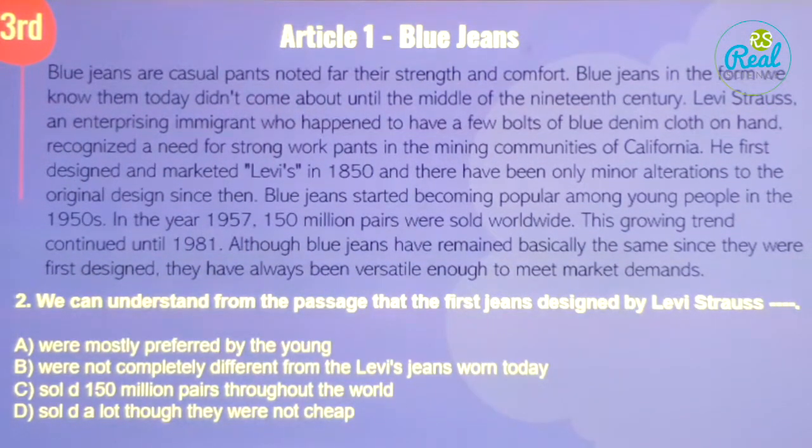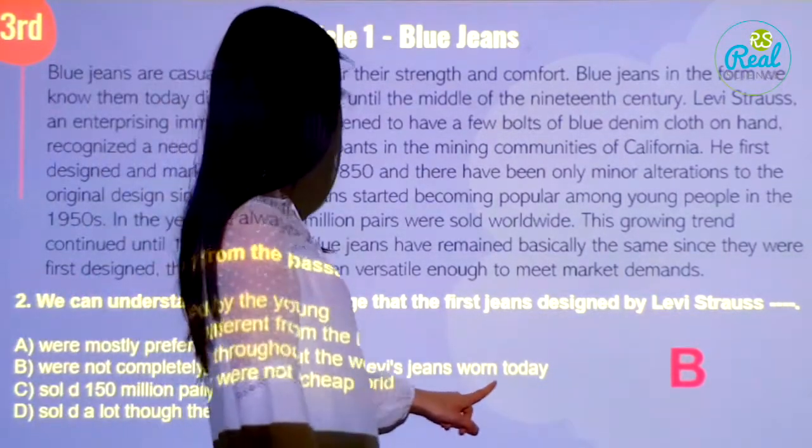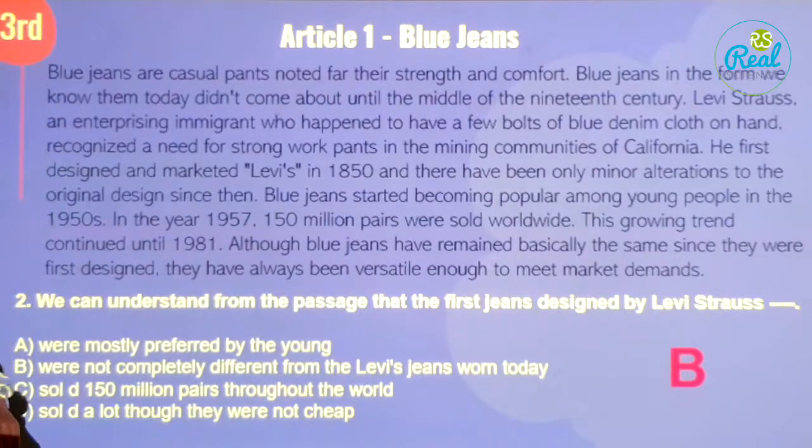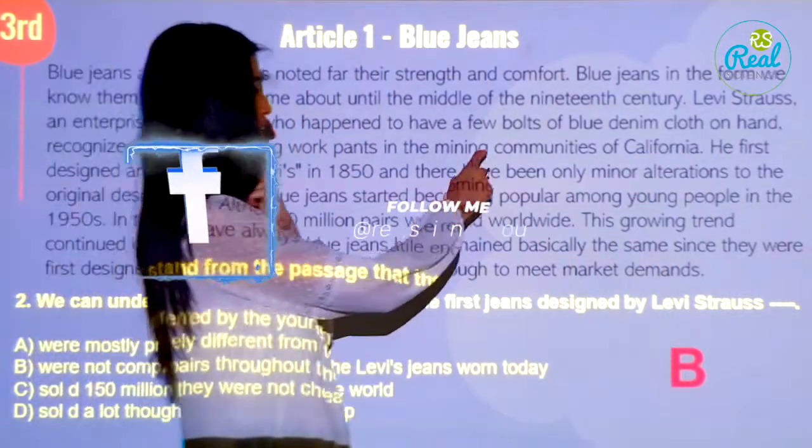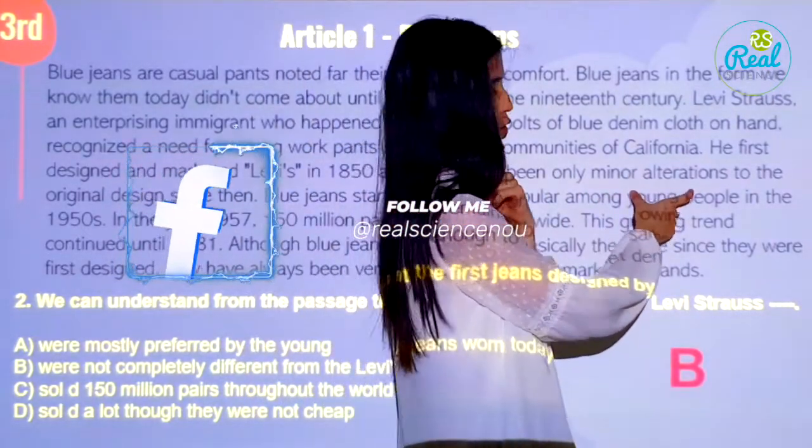Next one. We can understand from the passage that the first jeans designed by Levi Strauss are what? Okay, the answer is B. They are not completely different from the Levi's jeans today. How do we know? We know it from this sentence. First it starts, it says, there have been only minor alterations.